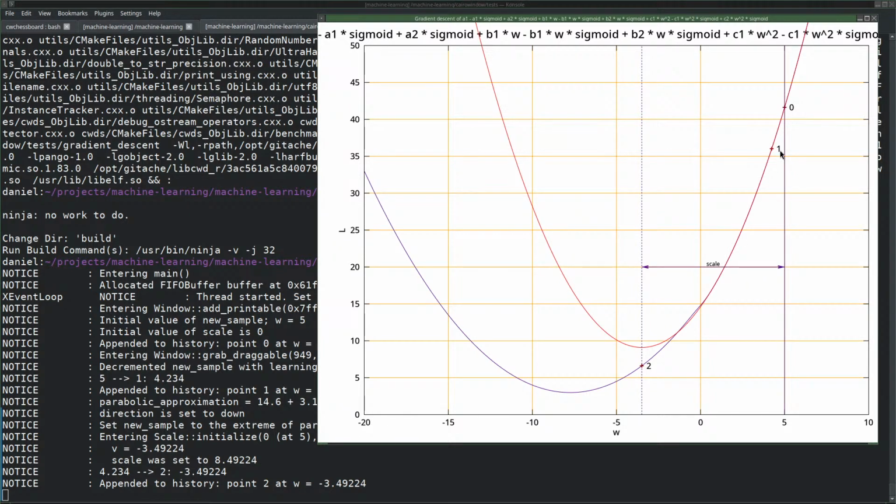So using these 2 points, we fit this parabola and we find this minimum here. Now we don't know anything yet about this part. So it's logical to assume that this thing is going to stay a parabola and the minimum will be there. So that's what we jump to. And then we're going to fit a parabola through 1 and 2.